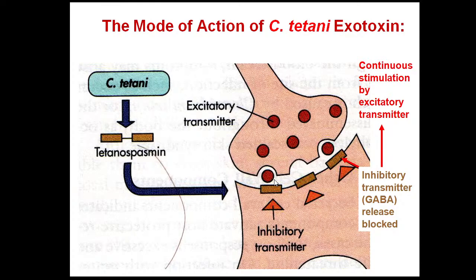Clostridium tetani releases tetanospasmin, and tetanospasmin causes the continuous stimulation by excitatory transmitter and inhibits the release of the transmitter gamma aminobutyric acid or glycine from the postsynaptic membrane, so it prevents the stage of relaxation for the muscles.